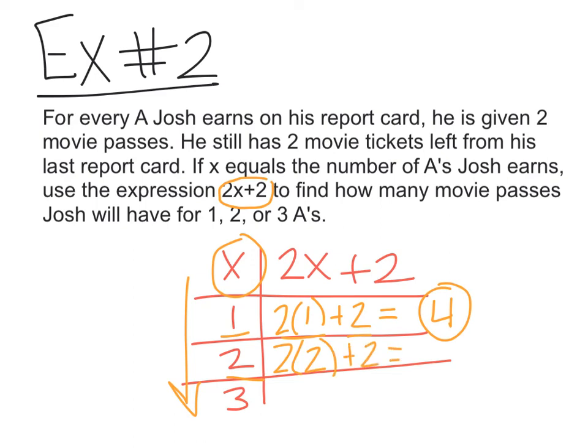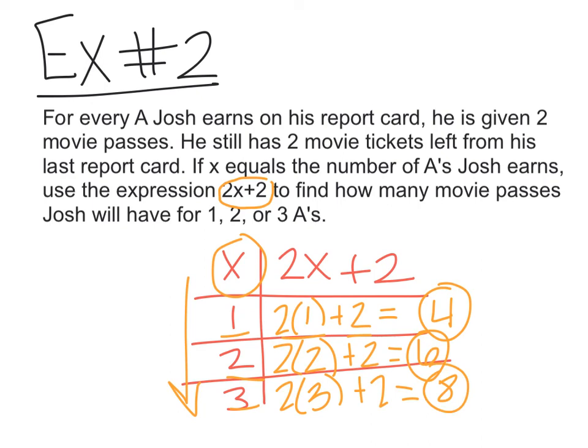So we've got 2 times 2, which is 4, plus 2 more, which is 6. Then our last one is to plug in a 3. So we've got 2 times 3, which is 6, plus 2 more, gives us 8.